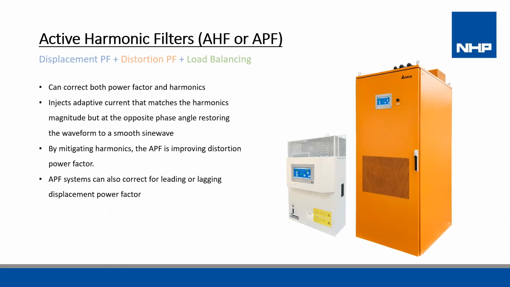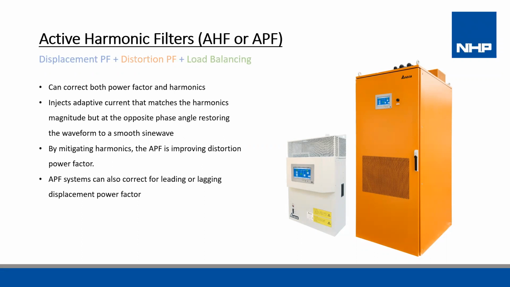Now let's look at active harmonic filters, also known as AHF or APFs, that can correct for both power factor as displacement and harmonics, so displacement and distortion power factor.